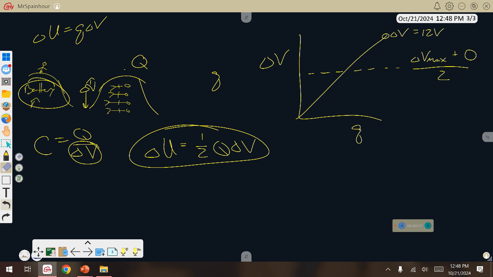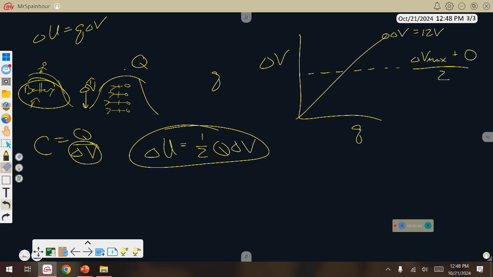What effect should that have on energy? It should double, right? Because doubling the capacitor, will that have any effect on voltage? Nope, not whatsoever. Voltage is controlled by the battery, but it would double the Q, and therefore it would double energy. Does that make sense?